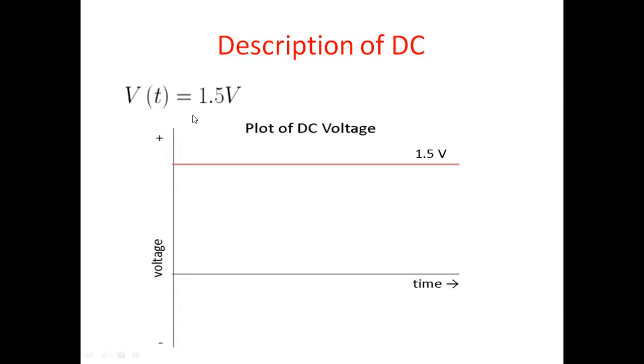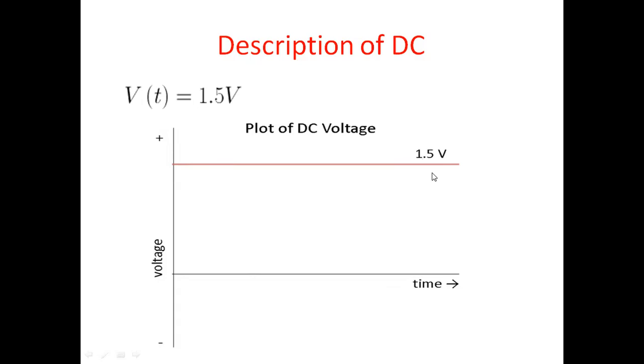This is the equation considered for a battery giving an output of 1.5 volts. If we plot this over time, we can see constant voltage. The plot is here. You can see the voltage is on the y-axis and the time is on the x-axis. If we see the output or voltage for this equation, it is constant and the magnitude is 1.5 volts.